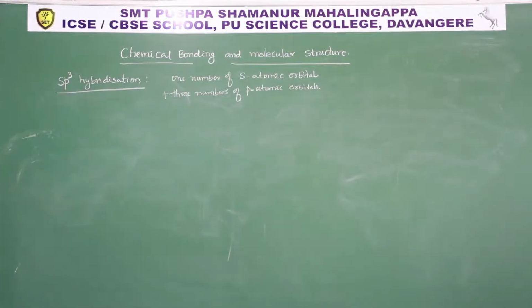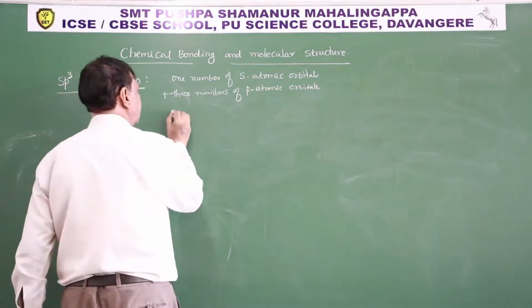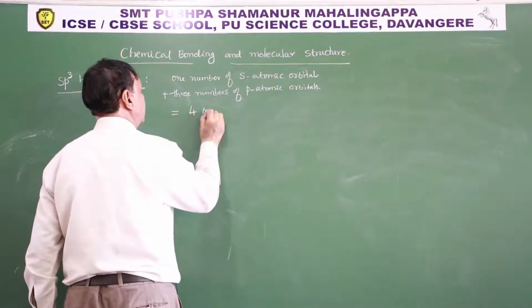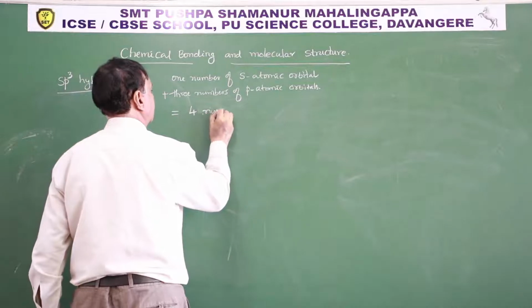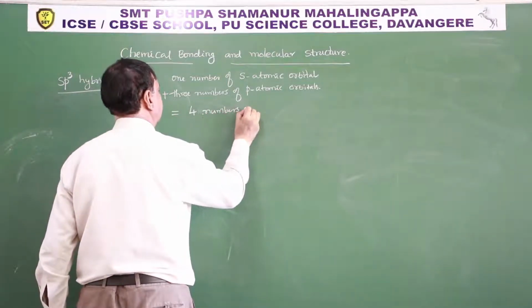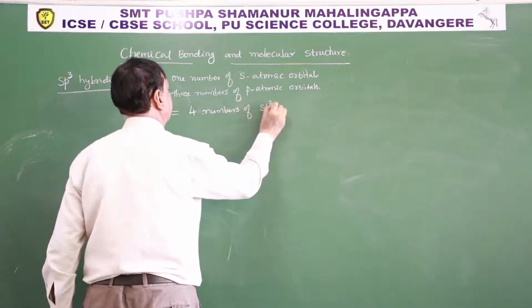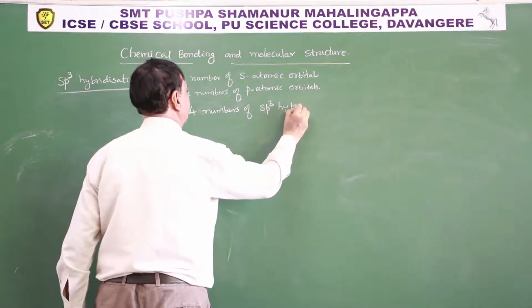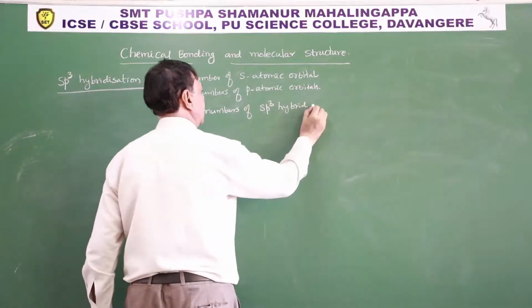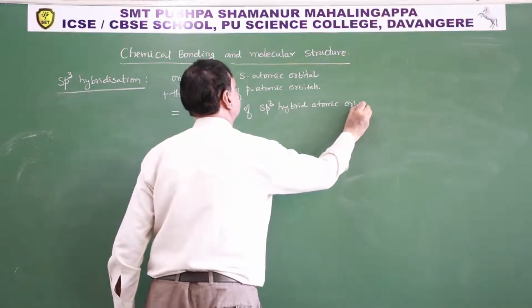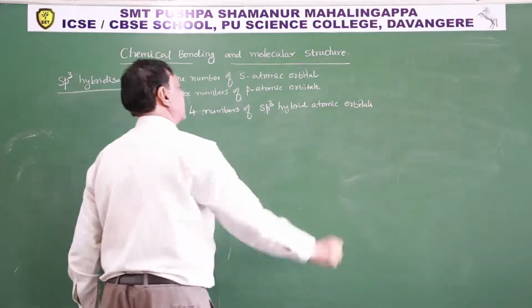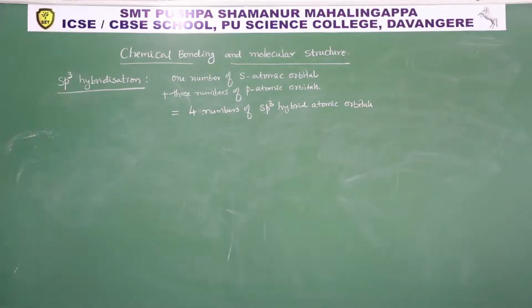One s atomic orbital and 3 p atomic orbitals equal 4 numbers of sp3 hybrid atomic orbitals.